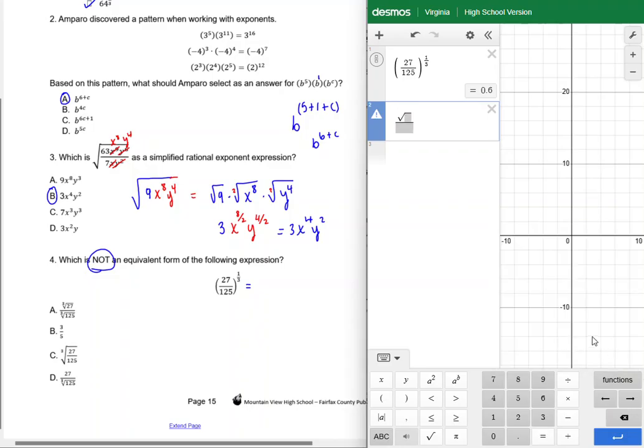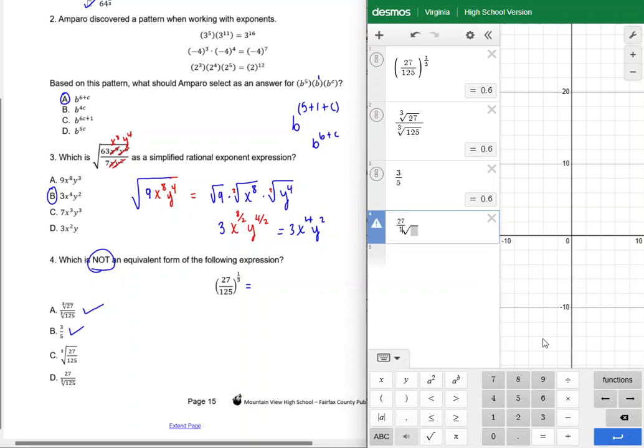So the cube root of 27 over the cube root is down here. I wish there was another way to put cube root in. Maybe there is. If you find out, let me know. So that one's equivalent. Yep, that one's also equivalent. Cube root of 27 over 125.